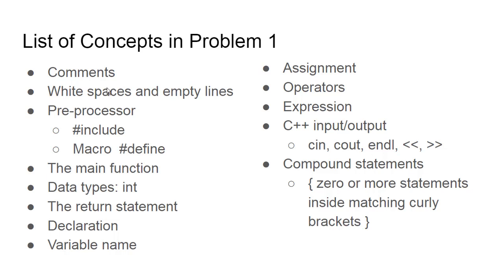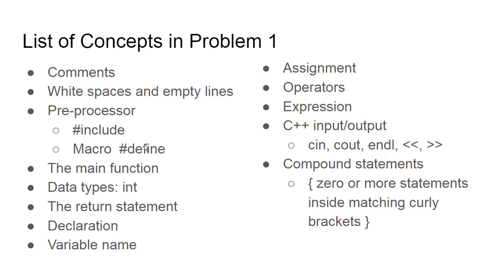And some other languages are not freeform. For example, in Python, indentation matters, and in an older programming language, Fortran, the position matters. Every line, something has to start on a certain column. But in most programming languages, they are freeform. So C, C++, Java, they are all freeform.